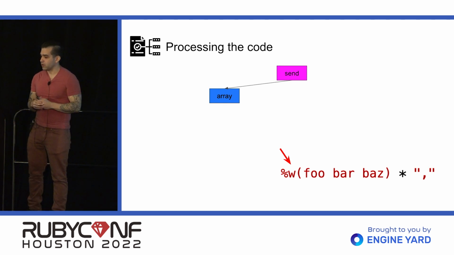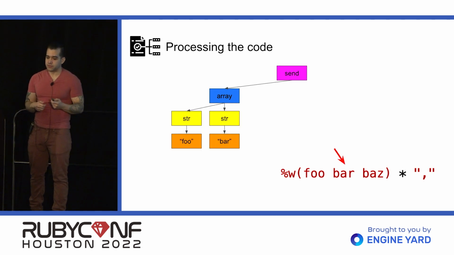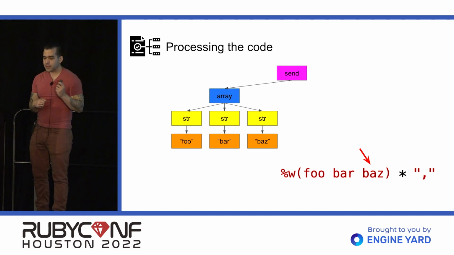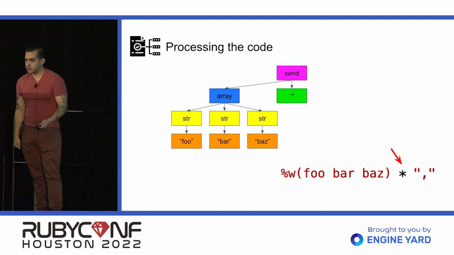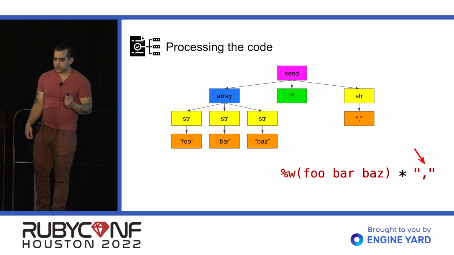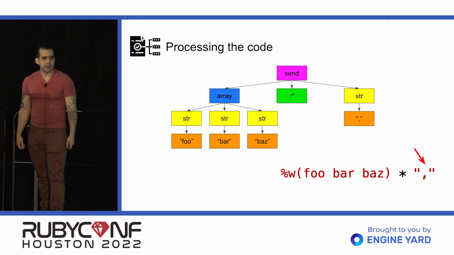So in this case, it's being called on an array. And that array contains 3 elements, a string foo, a string bar, and a string baz. The second child of the send node is the name of the method that is being called. So in this case, the method name is star. And the rest of the children of the send node are the arguments that are provided to the method.